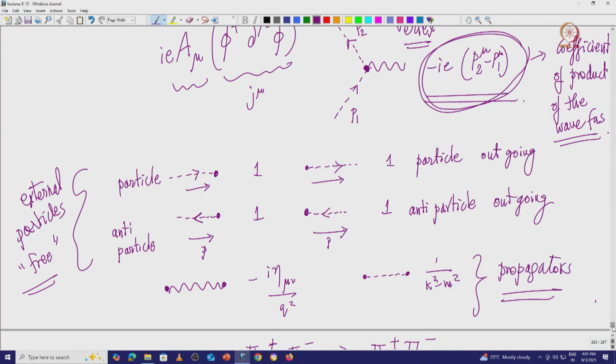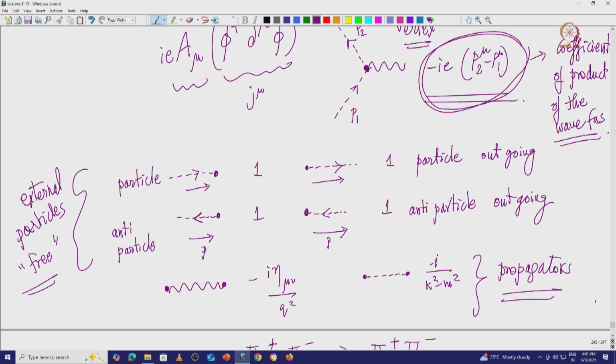Remember, the propagator has two dots on both sides, and I by k square minus m square for the scalar propagator or the Klein-Gordon propagator. There is an I epsilon, which I am neglecting for the present, but you have to keep it in mind.